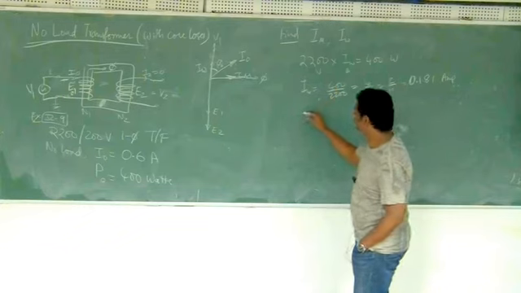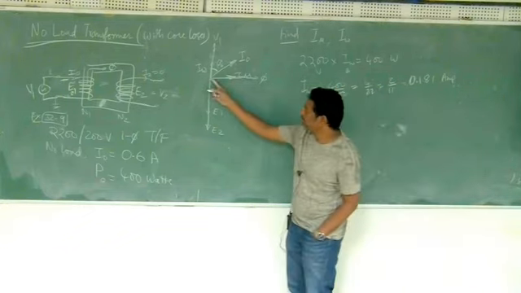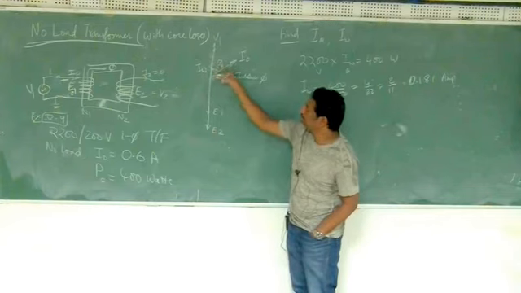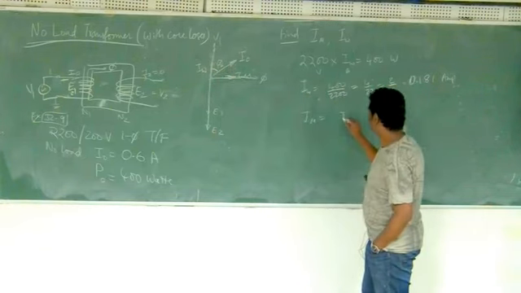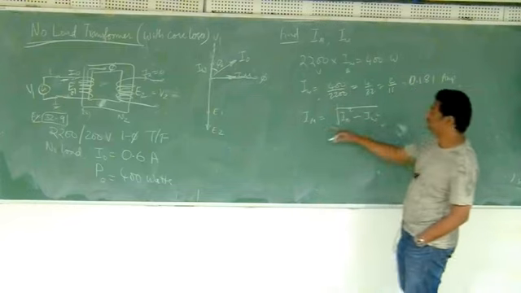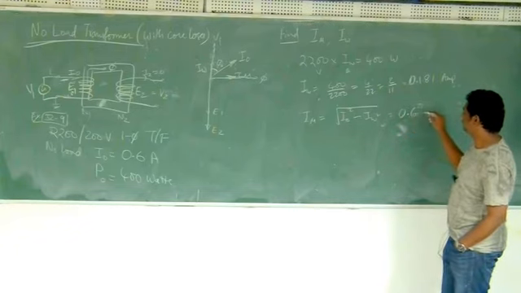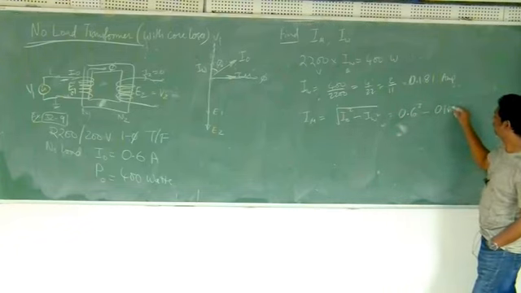Now this is the IW. So how to get I mu? Simply apply the triangle law. You know this one, you know this one, so you don't know this one. Simply I naught square minus IW square, under root, you will get I mu. So that is the square root of 0.6 square minus 0.181 square.